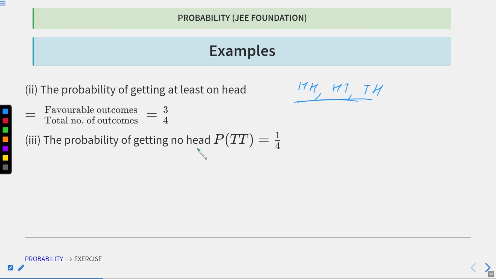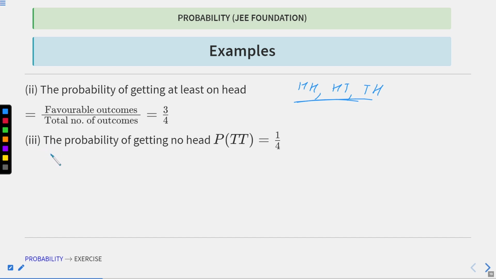And the probability of getting no head is just tail tail, so 1 by 4. I hope you are seeing that these calculations are very easy and clear to do.